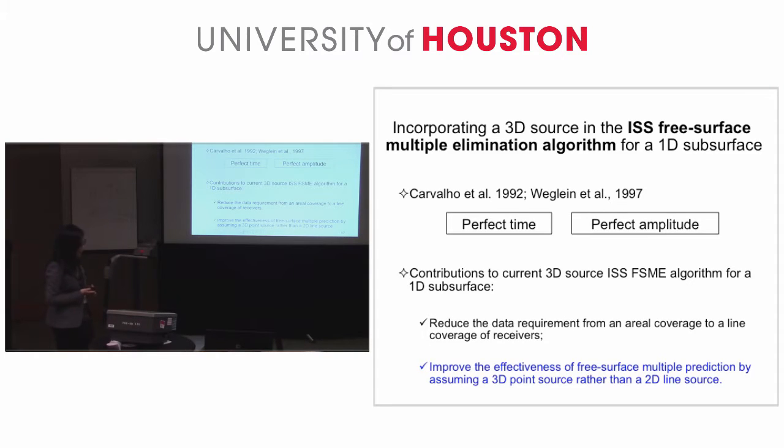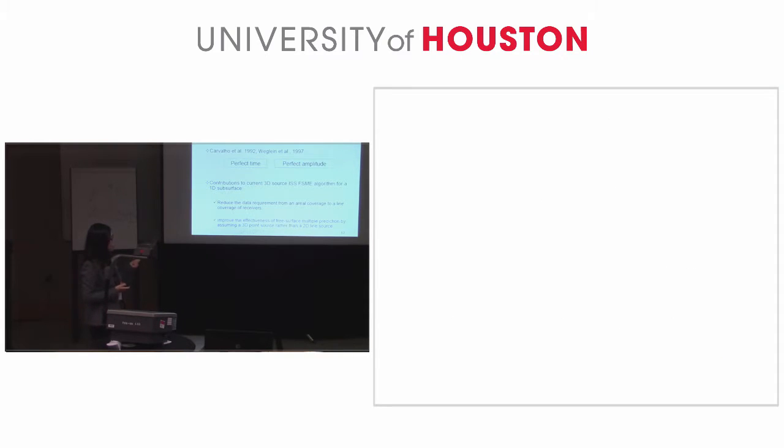The second is we improve the effectiveness of the free surface multiple prediction by assuming a 3D point source rather than a 2D line source for the 3D point source data, which we consider as the more realistic data.